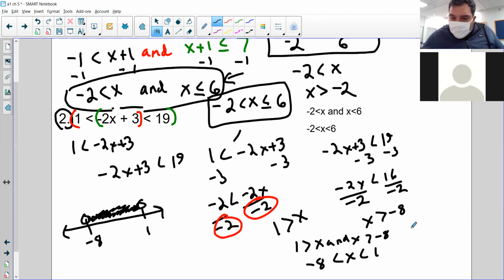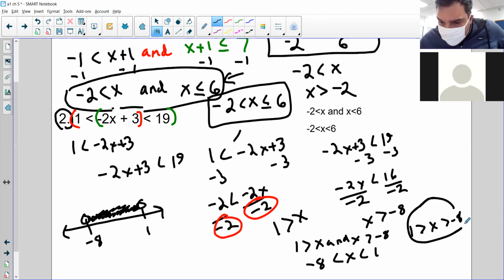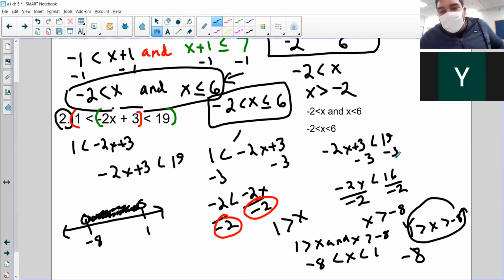So if it's 1 greater than x greater than negative 8, if I just remove the and sign, usually we like it where it's smaller to greater. So I just turned everything around. Negative 8 here, and then it would just turn into that. I just turned it around.